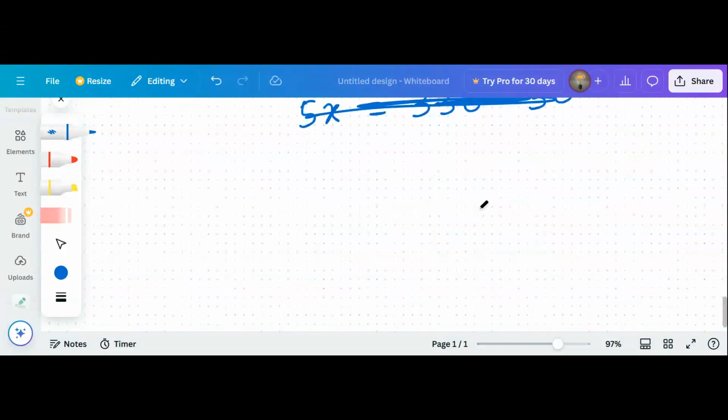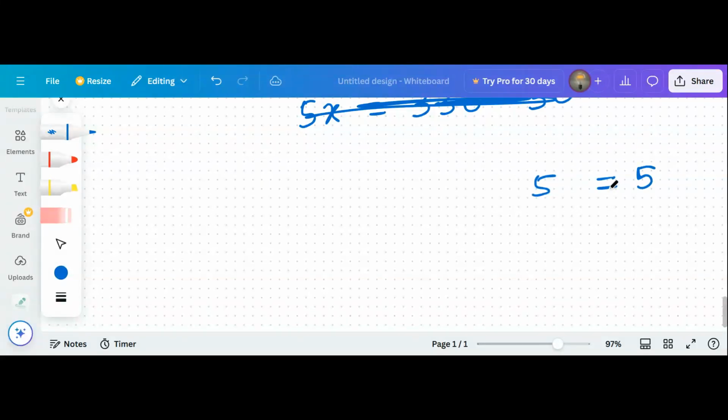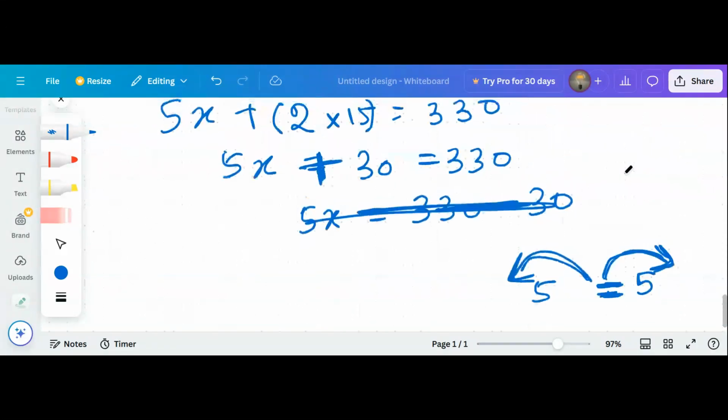Maybe I would write like this. What I told you, to maintain this equal sign, whatever we do in the left hand side, we have to do it in the right hand side also. Then only this equal would be same.